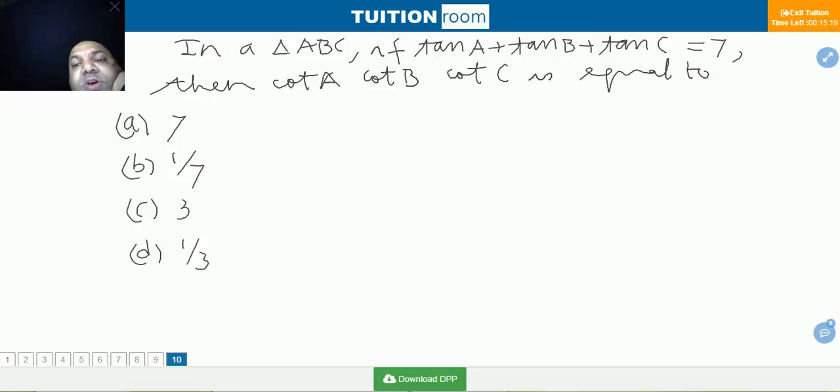Now think of the high school, 10th class theorem, and I request all of you to remember this theorem.